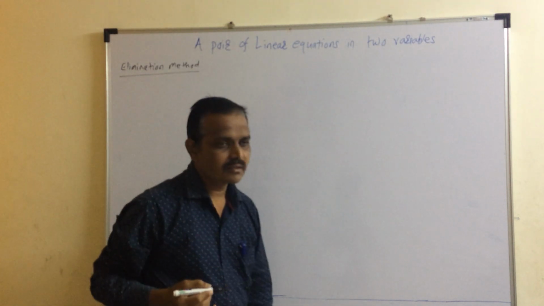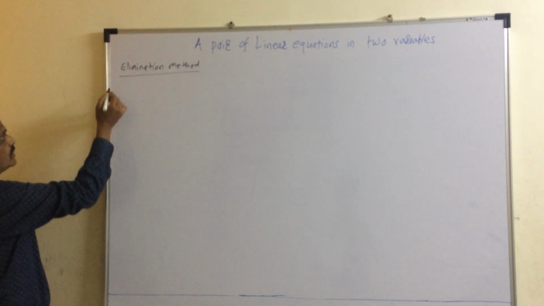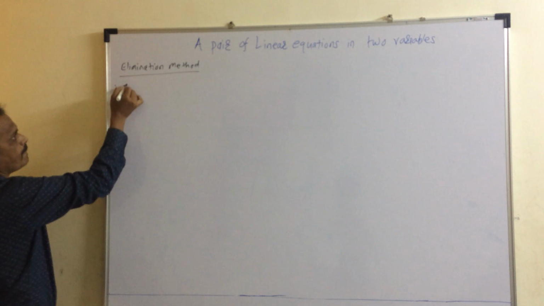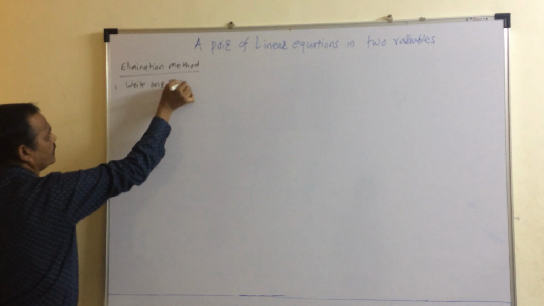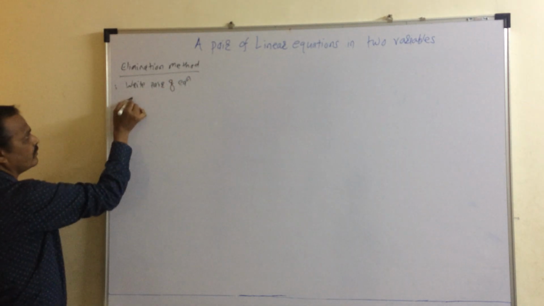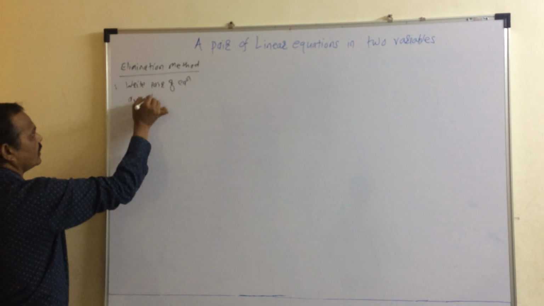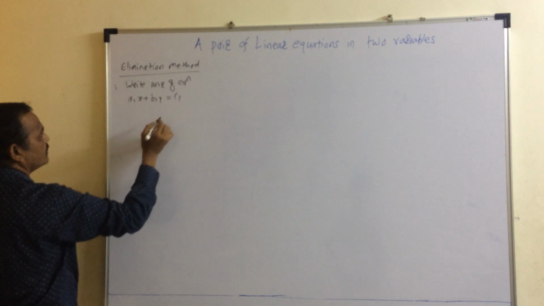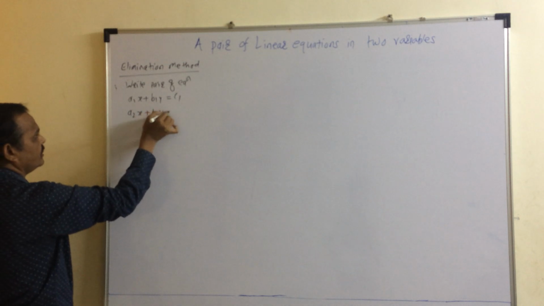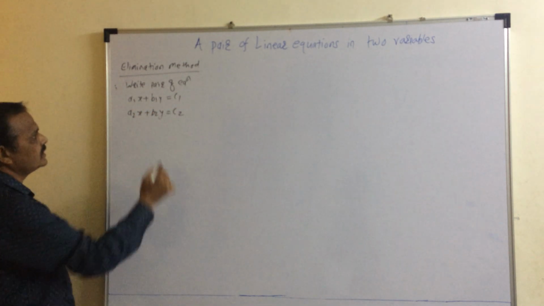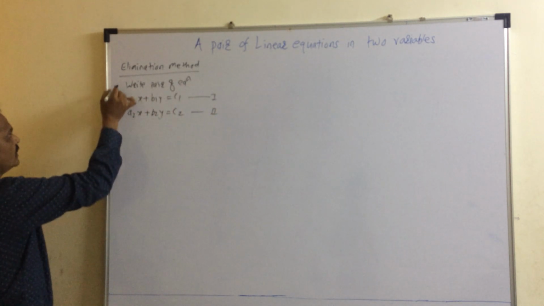Finding a solution by elimination method. Following are the most important steps. First, write the pair of equations in general form as a1x plus b1y is equal to c1, and second one a2x plus b2y is equal to c2. This is our first equation and this is our second equation.